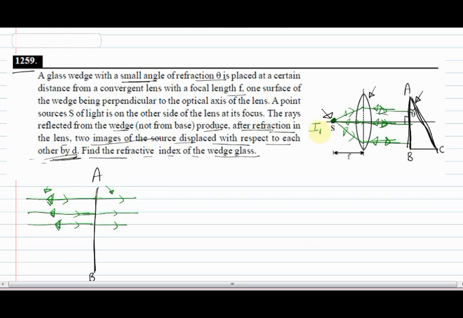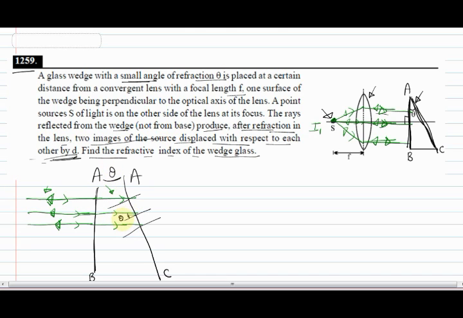So one image of the source will be created at the position of the source only. Now we need to think about the second image. The second image is by the reflected light rays coming from the face AC. Face AC will reflect the incident light rays, but these light rays are at some angle with the normal. First we'll find this angle with the normal. The top angle of the prism was given as theta, and this angle should also be theta.